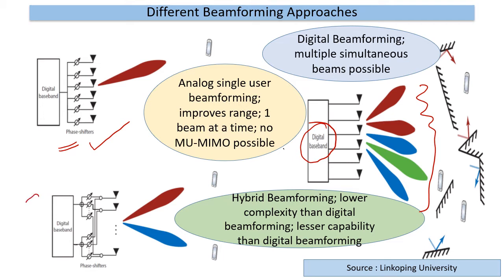And hybrid, especially for high frequency, large antenna deployment, where there are challenges from a complexity and a few other conditions. So you can keep this idea in mind, but today our focus will be more to give you some insight on digital beamforming.